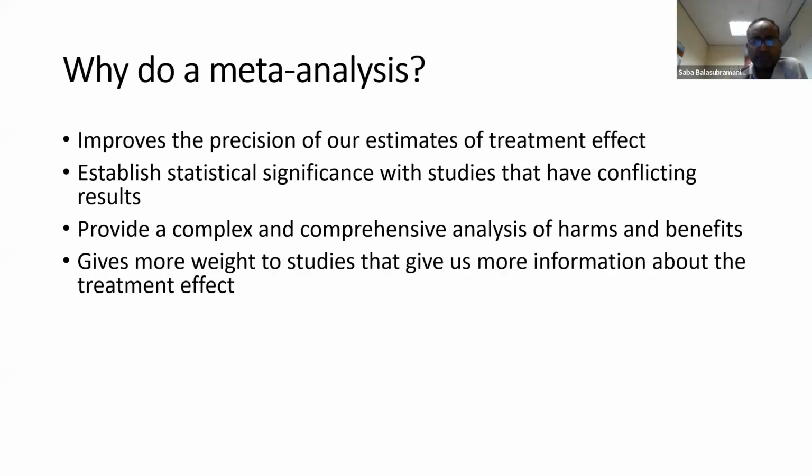And in a meta-analysis, you have the ability to weigh the studies that are of better quality and have huge sample sizes. Surely a study with a lot more patients should be weighed more than a study with very small numbers of patients, and a meta-analysis will allow you to do that.